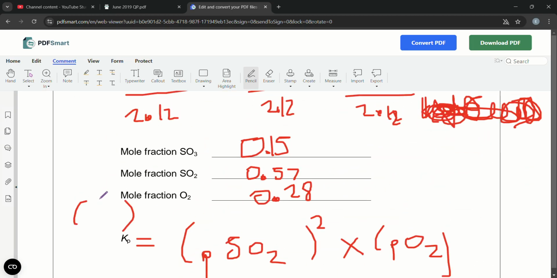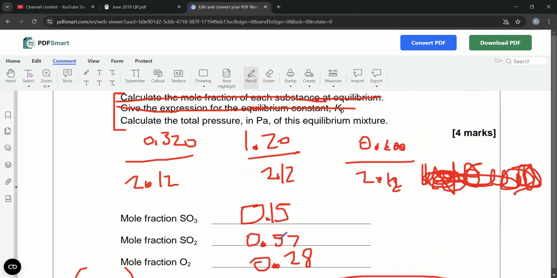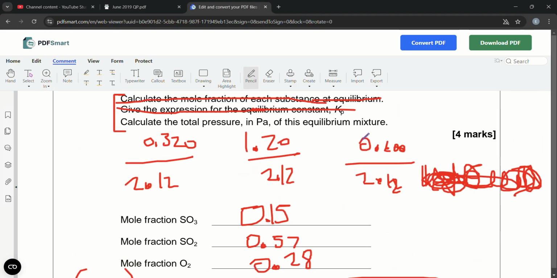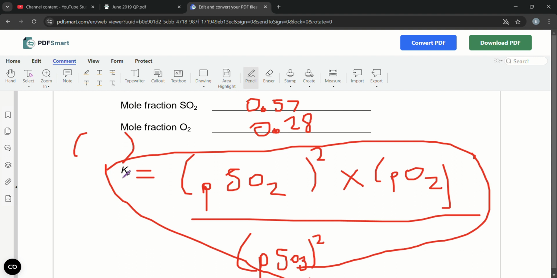But we know Kp will not give us the total pressure of the equilibrium mixture. What we're going to have to do is move Kp into this equation. So how do we do that?